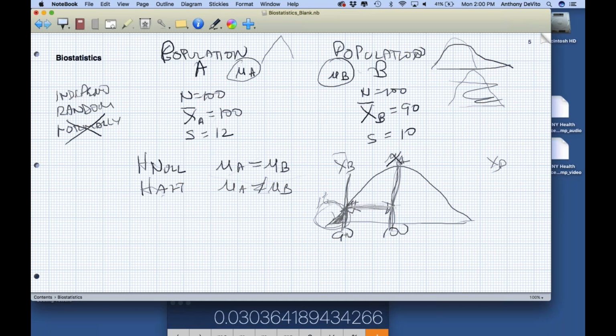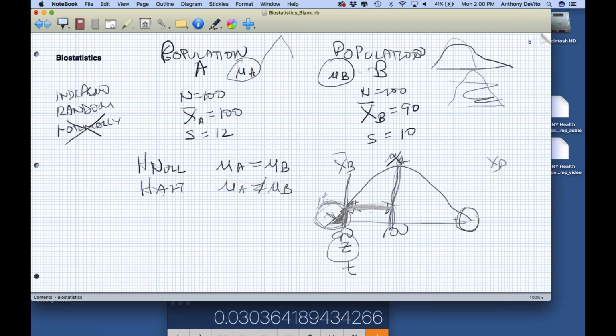Well, I calculate a z-score for the distance between the two of these guys, or t-score if I don't know the standard deviations, right? Or if it's a small sample, I calculate a z-score or t-score, the difference in standard errors apart. And I look to see if that area, actually I look at both ends, right?